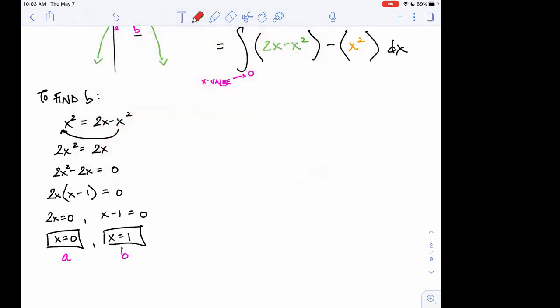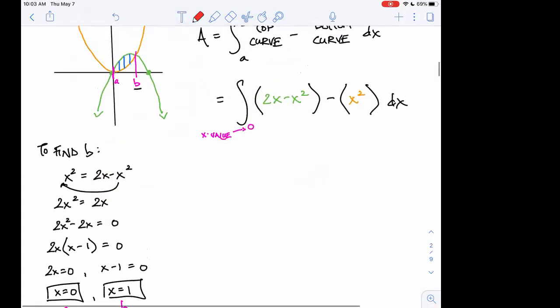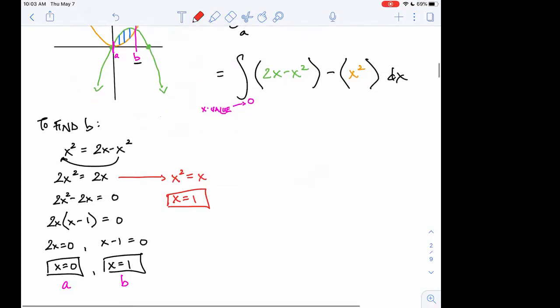But the reason why I didn't want us to divide earlier in the problem, let me show you that right now. What happens if you divide? Let's say you divide a 2 away from both sides, so you get x squared equals x. And then you divide both sides by x, and you get x equals 1. Well, that's not wrong, right? That was part of our answer. But that's just it, it's only part of our answer.